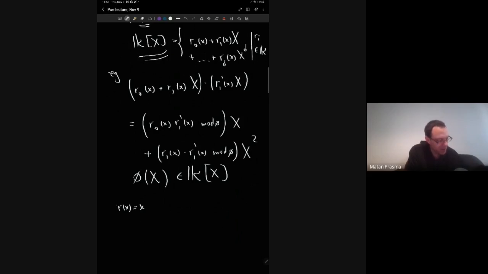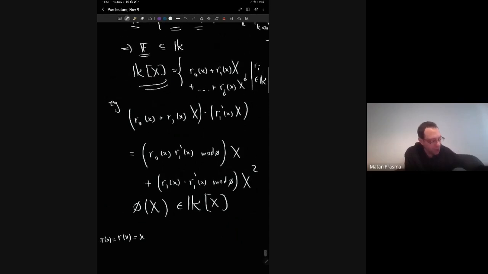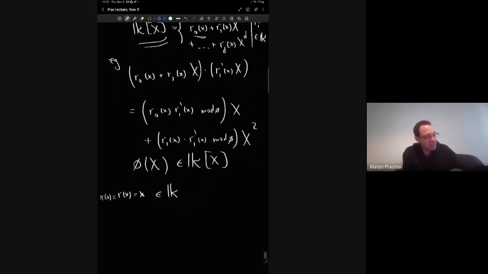We called it pi of x. This is simply the polynomial x considered in K capital X. Okay, so it's simply an element in K. And just like in any other field, if I have a polynomial over a field and an element in this field, then I can substitute the element. I can evaluate the polynomial at the element.